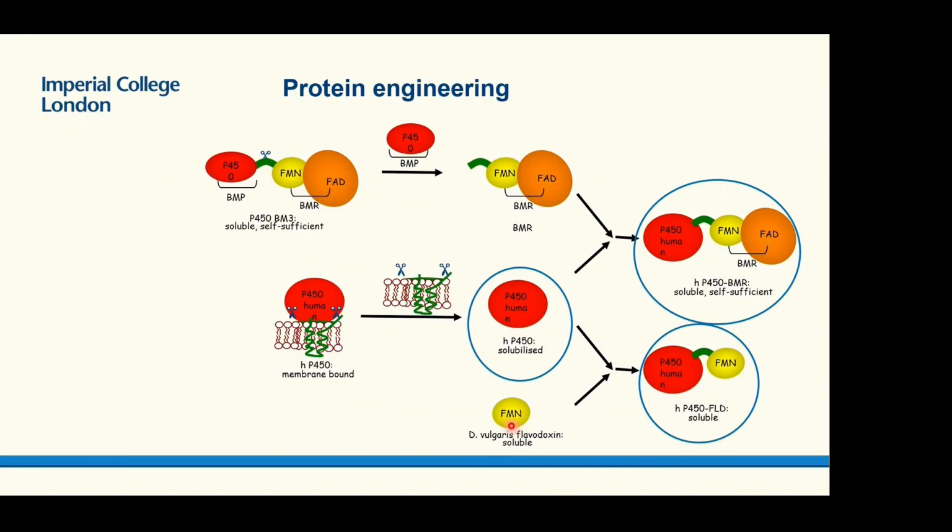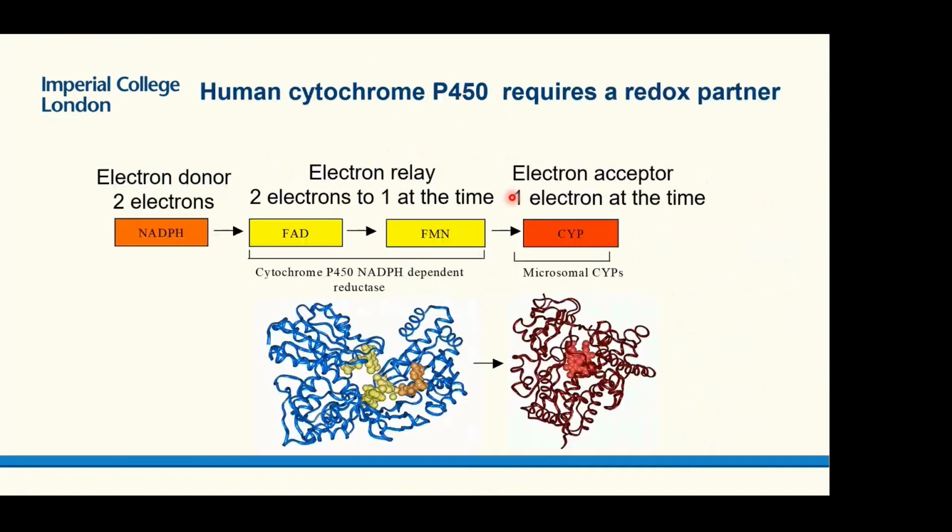So it's practically still containing a relay, but it's only one relay. And another example in which we bind to the catalytic unit the entire reductase. Okay, so the entire unit. So this redox partner is bound to the catalytic unit.